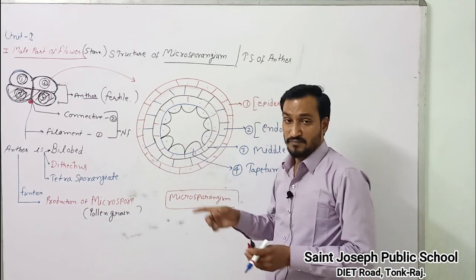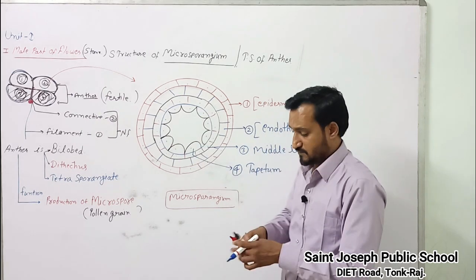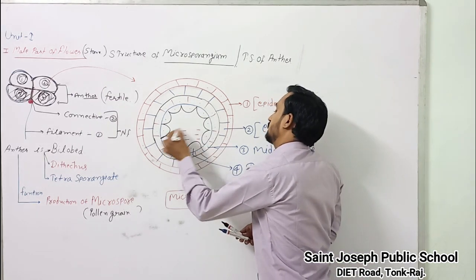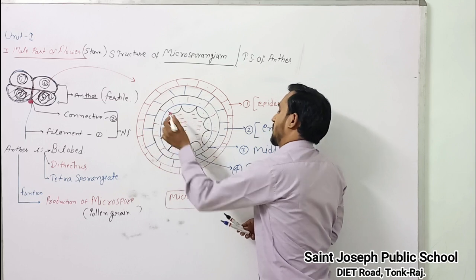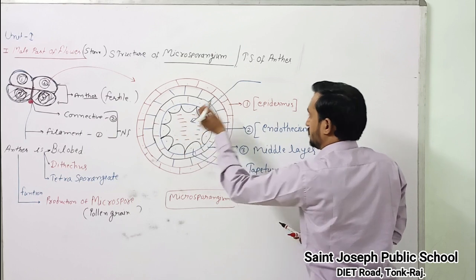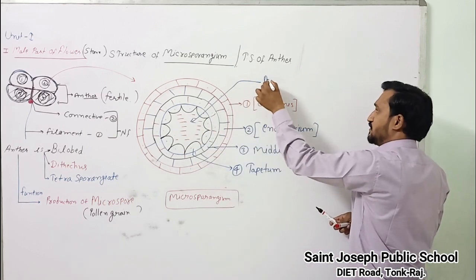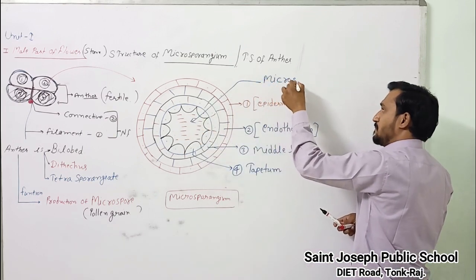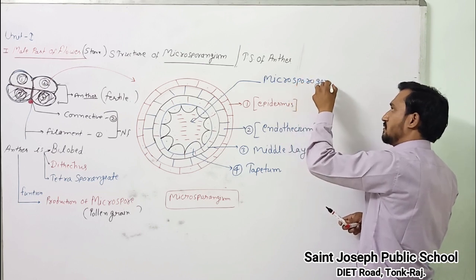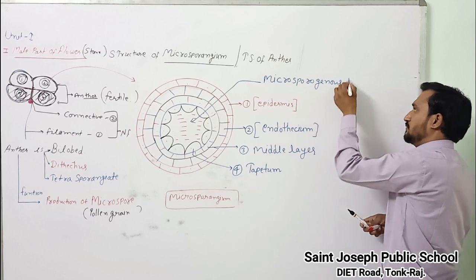Inside the tapetum layer, there is a tissue situated. This tissue is known as microsporogenous tissue.